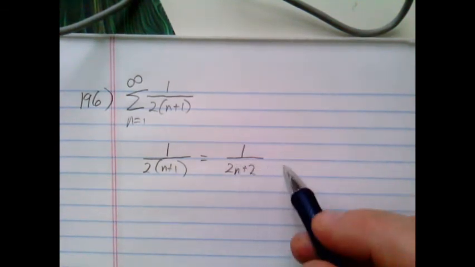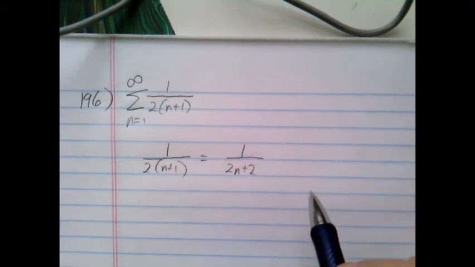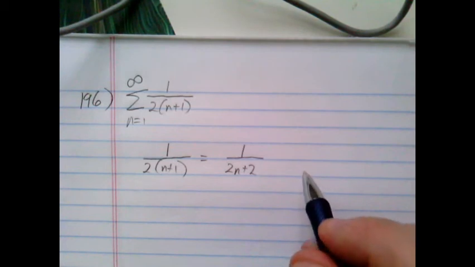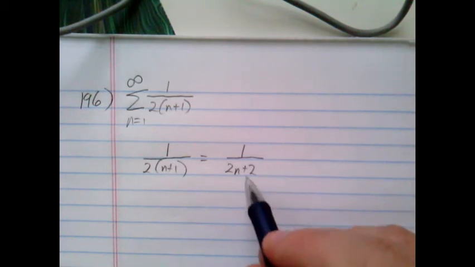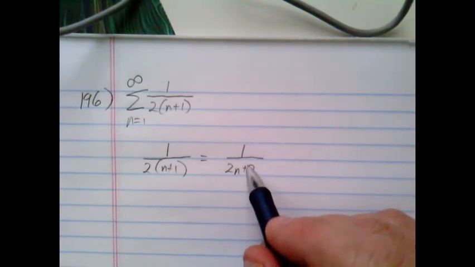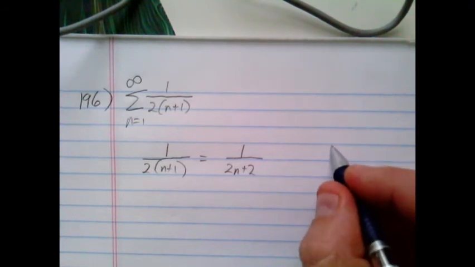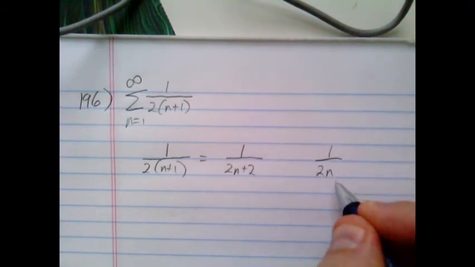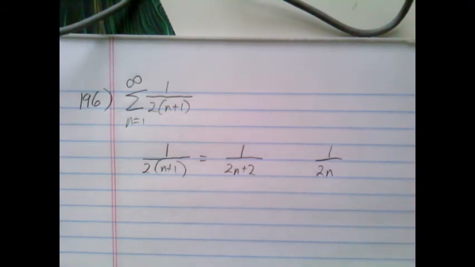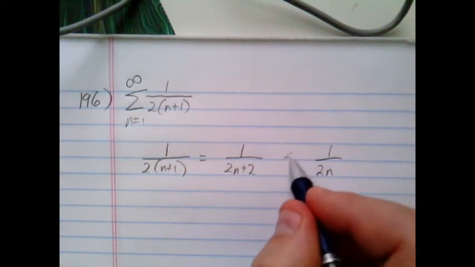Now, I want to be able to make a comparison to either 1 over n or 1 over 2n. Either way, I'd be able to make an argument for divergence. But the only really obvious thing to do is to drop off that plus 2. Now the problem with that is, if I drop off the plus 2, that makes the denominator smaller. But if that makes the denominator smaller, it makes the fraction bigger.